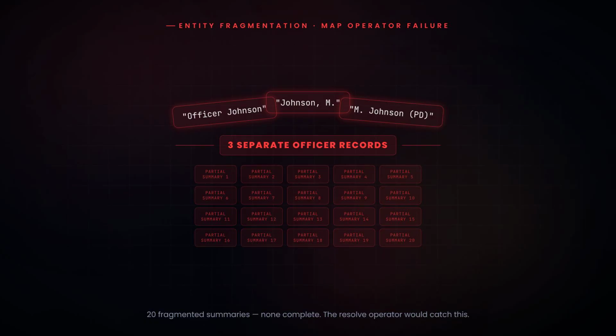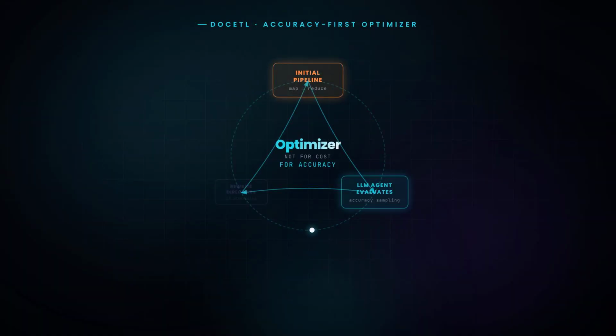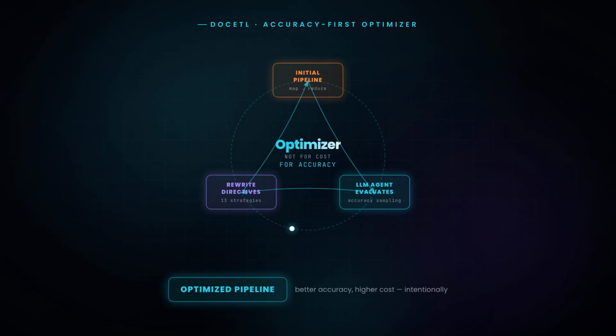A team at UC Berkeley, Columbia, and Berkeley's Institute for Data Science saw this pattern and named it. For complex documents and complex tasks, the problem is not that your prompt is wrong. It's that the operation itself needs to be decomposed, restructured into a sequence of simpler, more accurate steps.